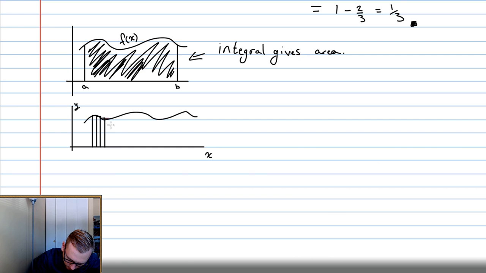And kind of want them to be the same size, but I'm not the greatest at drawing. So you take all of these all the way along, and you would take the sum of the areas.